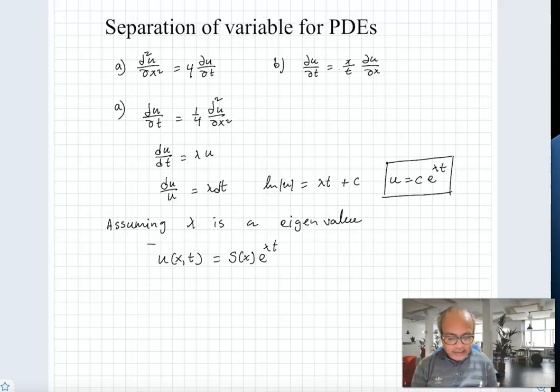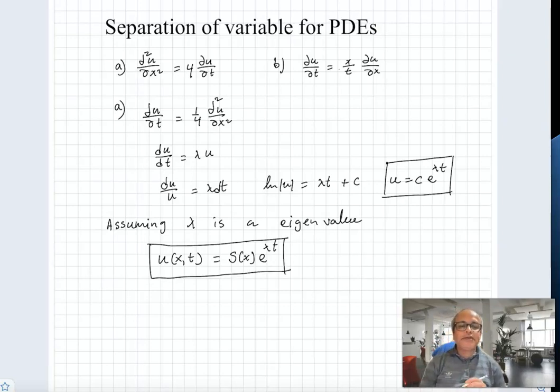So that is the first step. u is s(x) times e to the power lambda t. By looking at this, I can see that if lambda is a positive number, then the solution will grow continuously and it will blow up. So that tells me that lambda has to be a negative number.